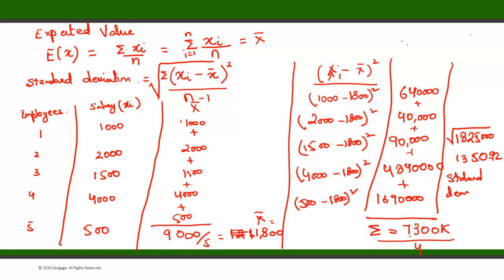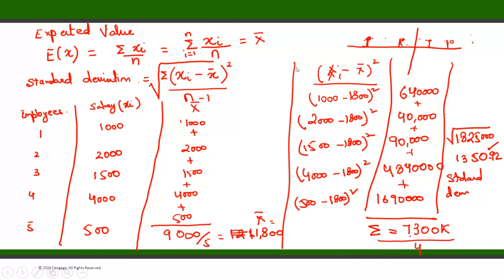So this is like a dispersion. If this is the mean in the middle, there are some values which are very close to the mean, but some are very far. On average, the distance from the mean is almost 1350.